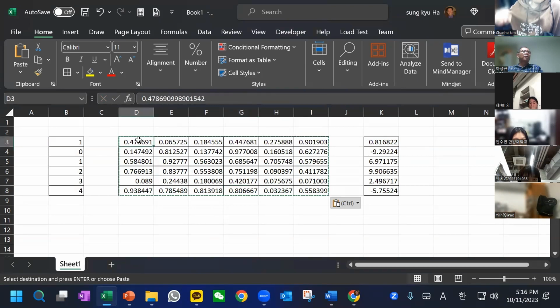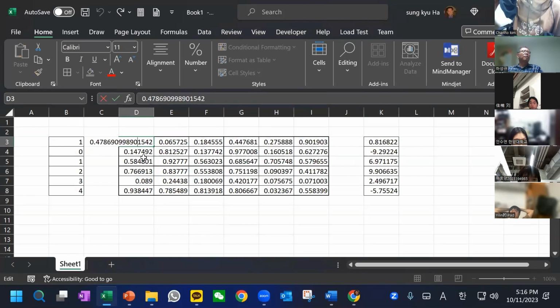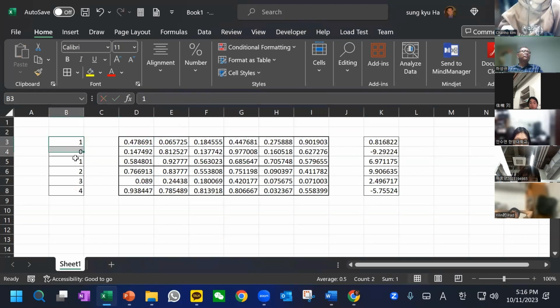Again, this is just a constant value which will be calculated from theory, and this is a load.